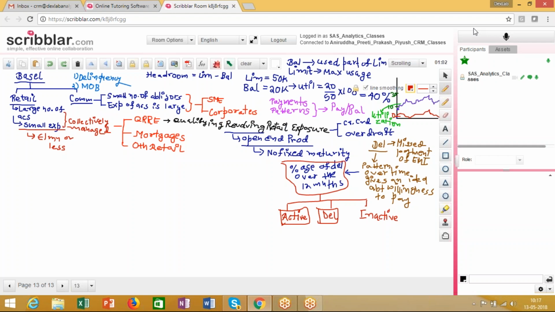So these are some of the variables that we can actually design over here. Right, so the delinquency variable is actually a very important variable for model development, for developing these behavioral models.